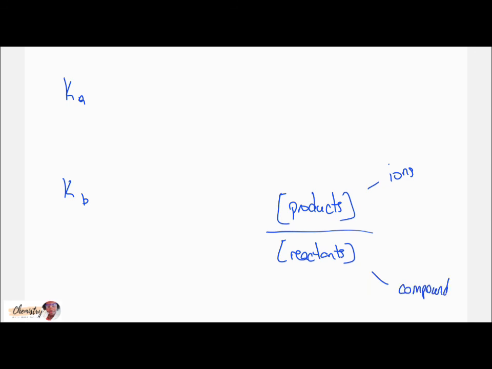In order for us to have a strong acid, it means that we must have just ions being left. So all the compounds would have separated and would just have ions. The same would happen for a base. We would only have the ions being present. So the value that we get for Ka or Kb can tell us how strong of an acid or base we have.